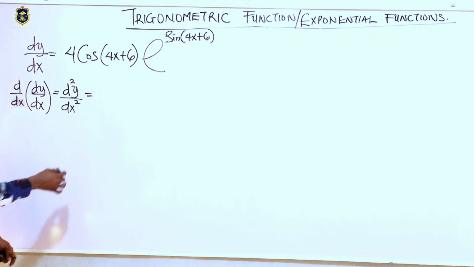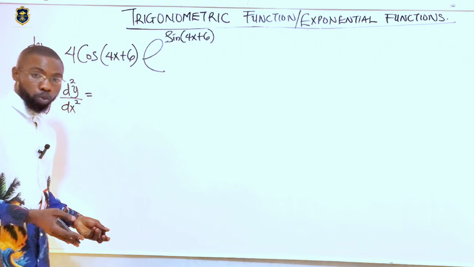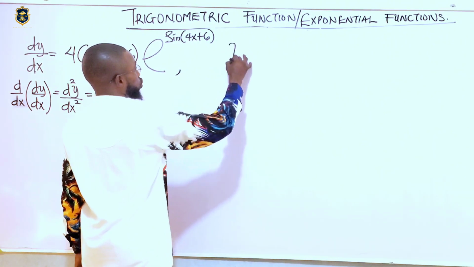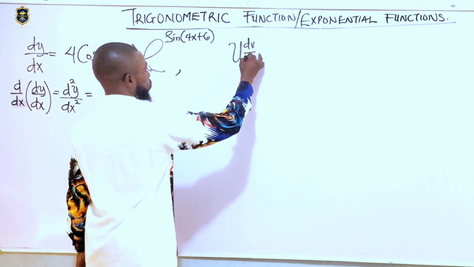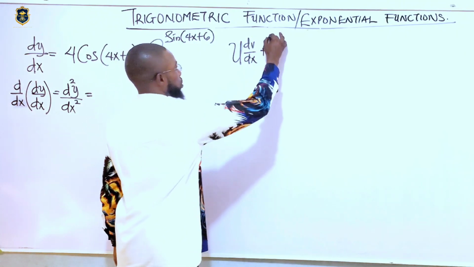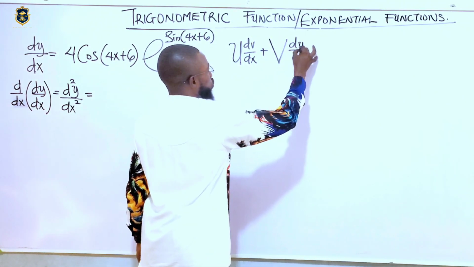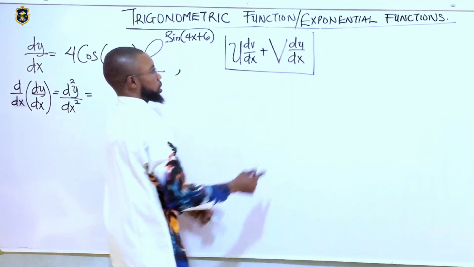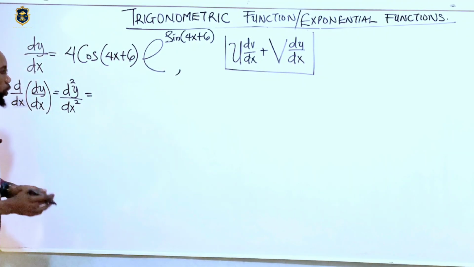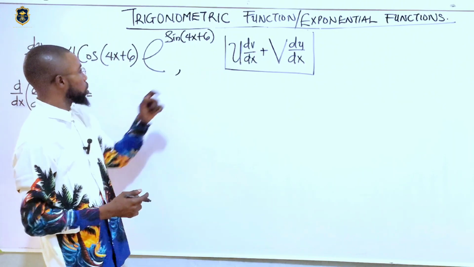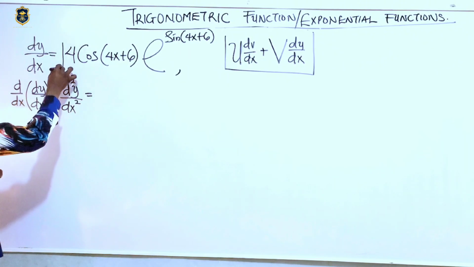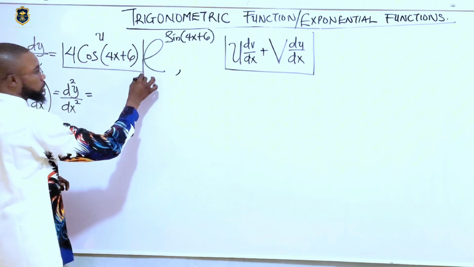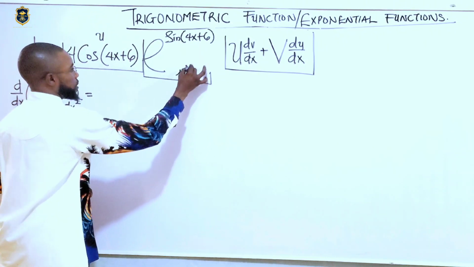I told you that in doing this we are working with the product rule, which is u dv over dx plus v du over dx. So first of all, we start with u and let all of this be our u, and let all of these be our v.